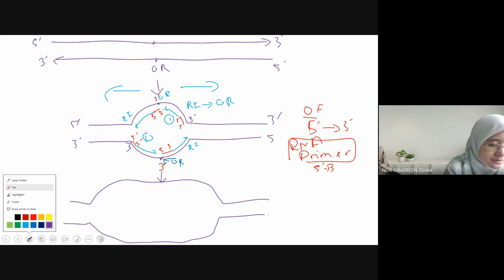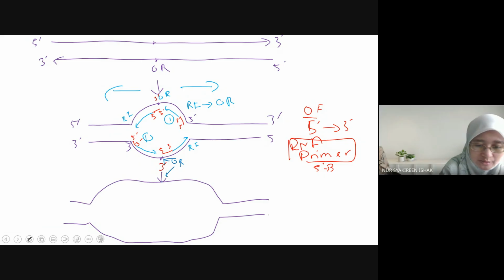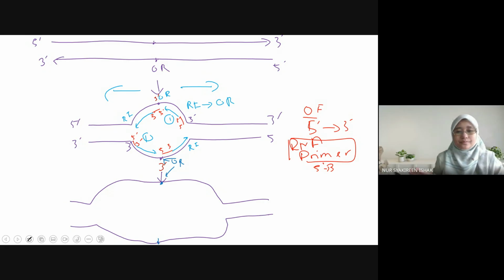So this is the origin of replication. Saya kena padam sebab nanti tak boleh muat. Yang biru tu is the origin of replication. Sekarang ni kita nak copy balik yang kita dah draw tadi.